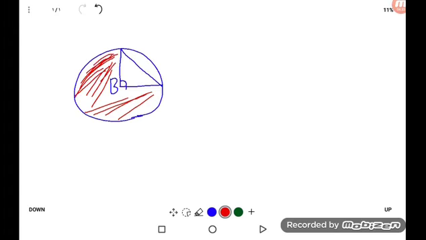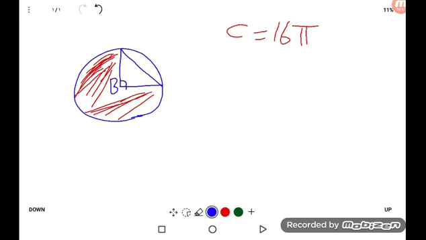So the question is, the circumference of circle B in the figure below is 16 pi. So the circumference is equal 16 pi. What is the area of the shaded region? We need to find area of the shaded region.